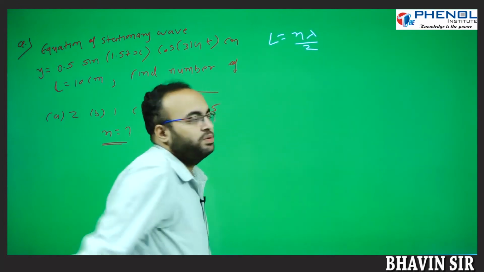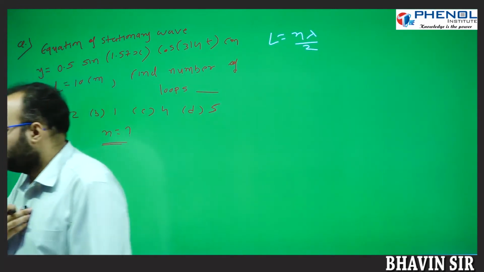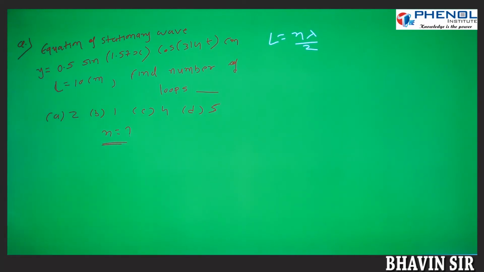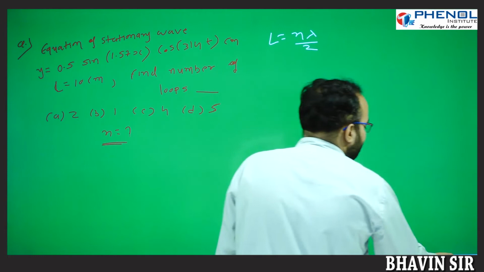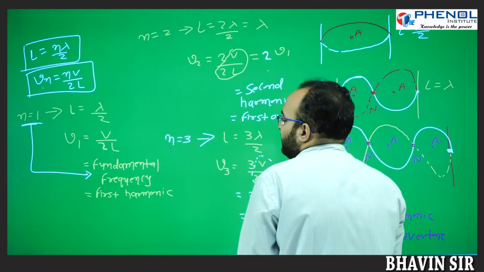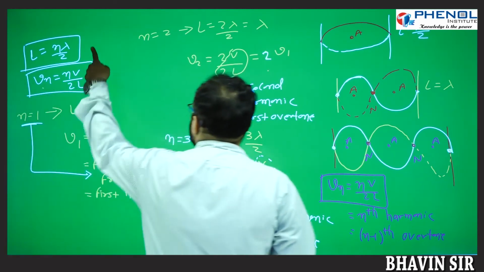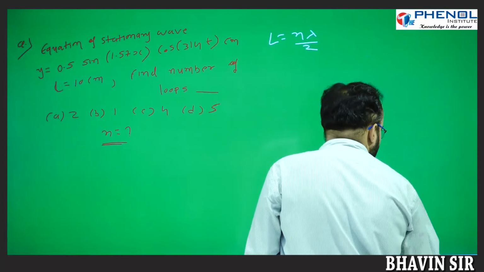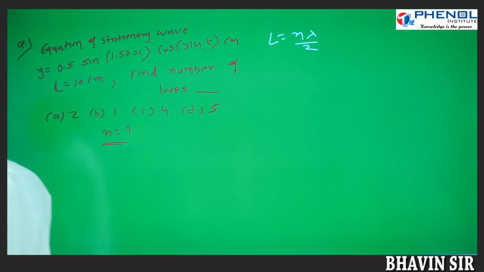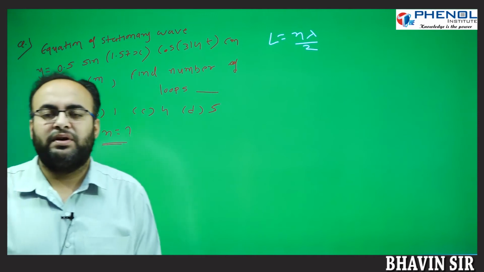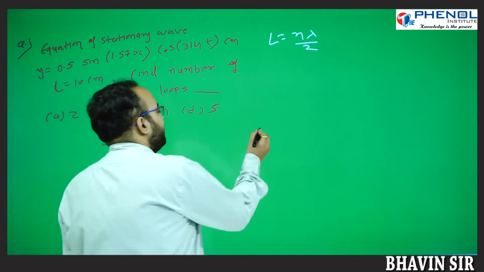And what is the formula of length? n lambda by 2. Frequency is not given, students, but length is given. And what is the formula for length in the case of stationary wave? Length is n lambda by 2. See students, if you know the formula of length, we can also obtain it from the frequency.